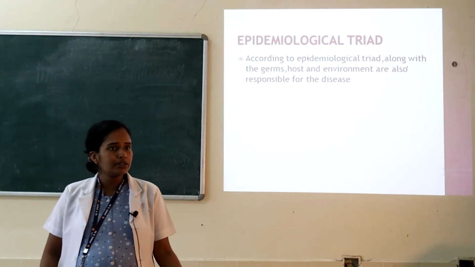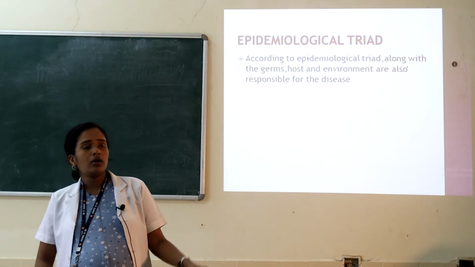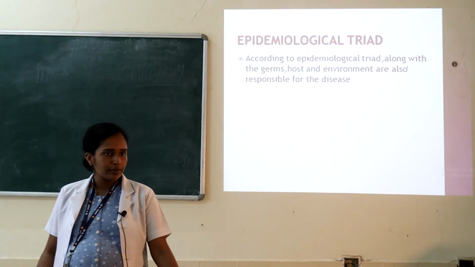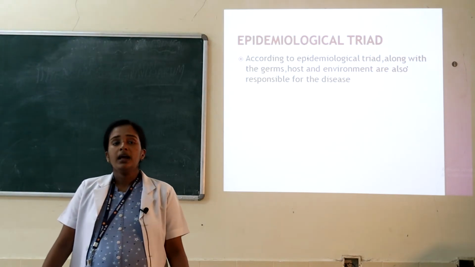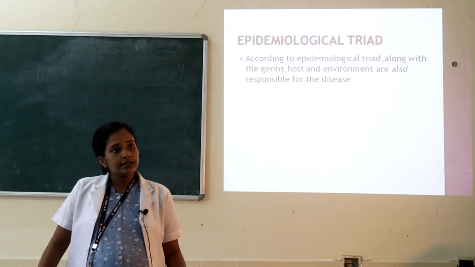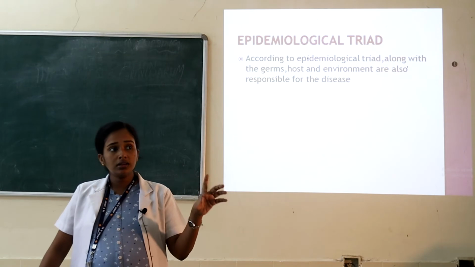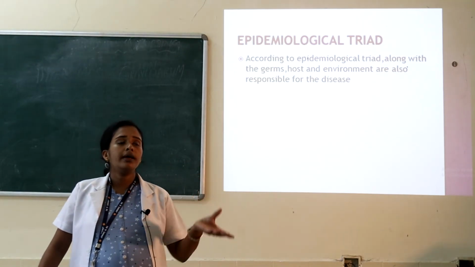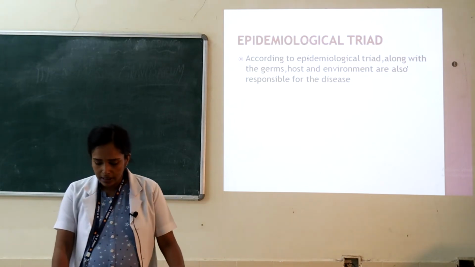In germ theory, only an agent, only a microorganism, is responsible for a disease. But in the epidemiological triad of disease causation, a disease is caused by agent, host and environment, and there needs to be harmony of these three factors, then only will there be occurrence of disease.